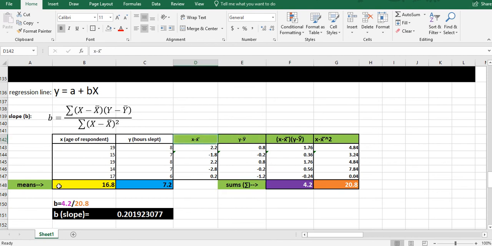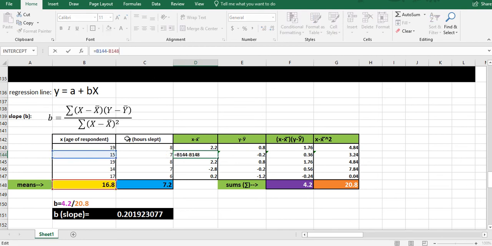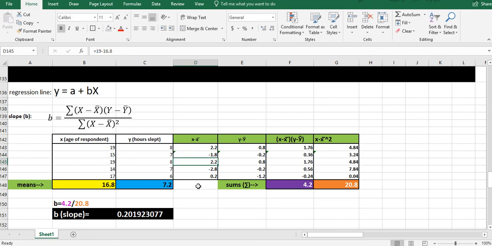But, okay, here we go. So, 19 minus 16.8 equals 2.2. You could do that manually like I did here, where I just put in the values. 19 minus 16.8 equals 2.2. Or you can select the cells, 15 minus 16.8, and that comes out to negative 1.8.